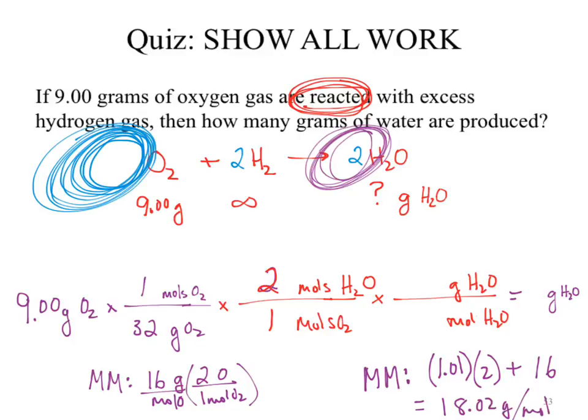What number shows up in front of grams? 18.02. What number shows up in front of moles? 1. Track your units. Grams of oxygen cancels. Moles of oxygen cancel. Moles of water cancel. What unit do we have? Grams of water. Okay.